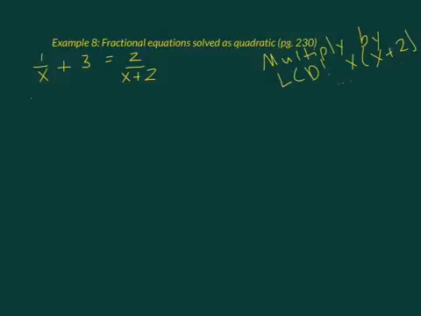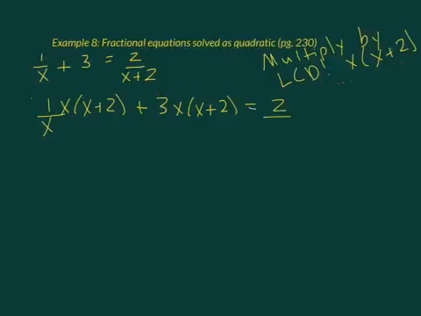So let's start. We're going to multiply everything by that LCD. So I've got 1 over x times x plus 2, plus 3 times x plus 2, equals 2 over x, or 2 over x plus 2, sorry, times x plus 2.